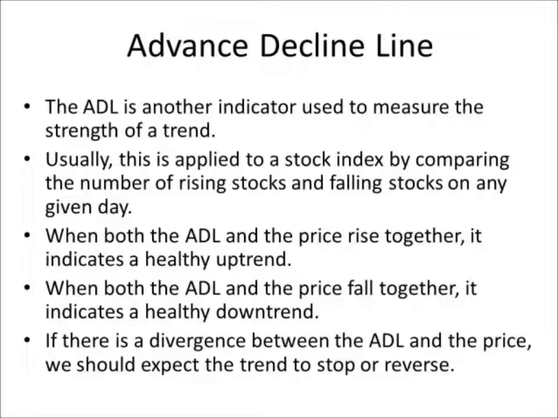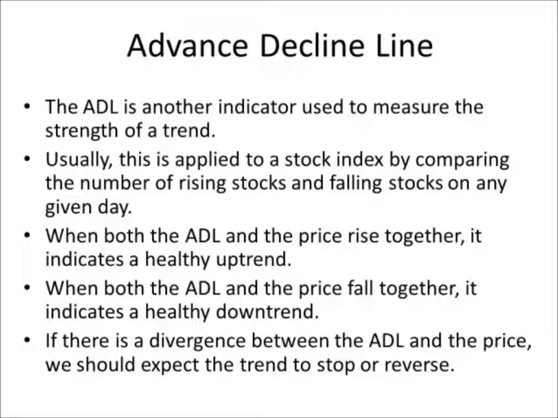So if we have more rising stocks as compared with falling stocks, we'll have a rising ADL. If we have more falling stocks as compared with rising stocks, we'll have a falling ADL. So that's essentially how it works, right? It's looking at, within an index or within a portfolio, the individual assets of that portfolio. And usually this will be the individual stocks that make up a stock index.